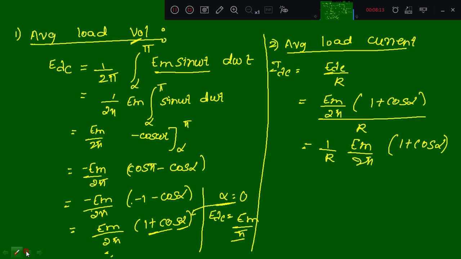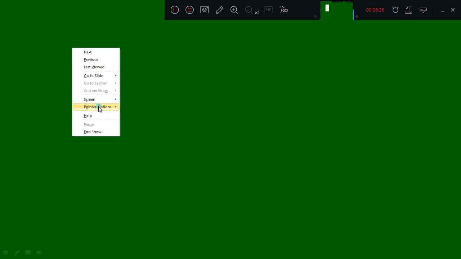Next, the third derivation is for the RMS load voltage, which means ERMS we are going to derive.